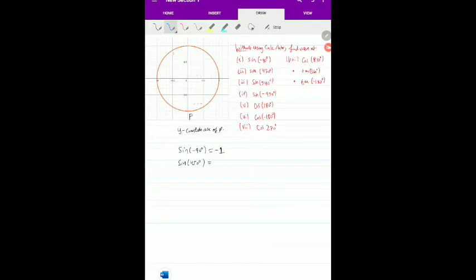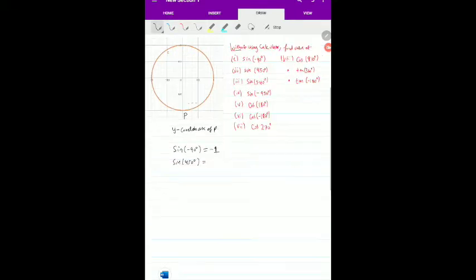Okay, so what point P is that represented by? This point right here, this point P up here. Now the y-coordinate of P is sine of the angle. The y-coordinate of P is just 1, so sine of 450 is 1. Okay, sine of 540, what is that?